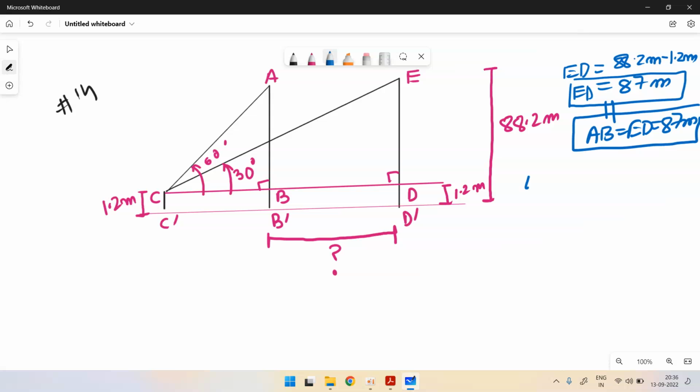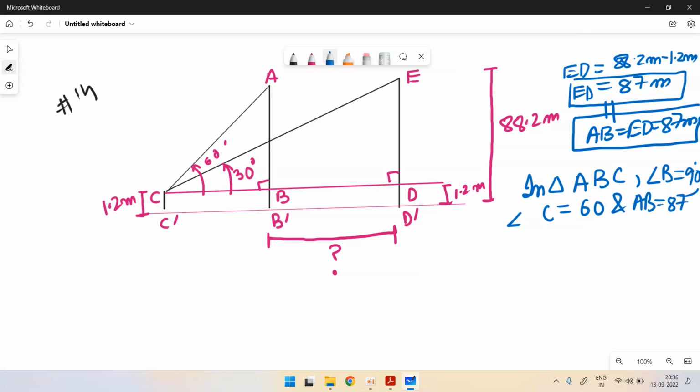Now in triangle ABC, angle B equals 90 degrees, angle C equals 60 degrees, and AB, as you calculated, is 87 meters.